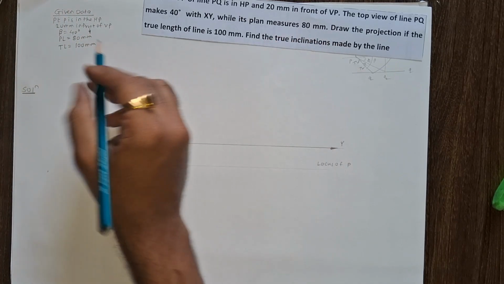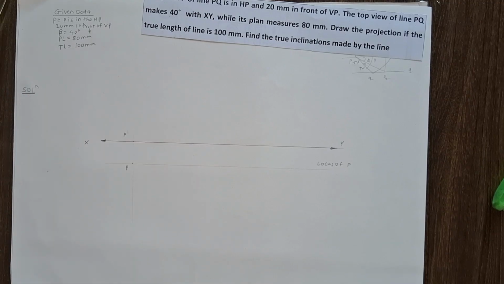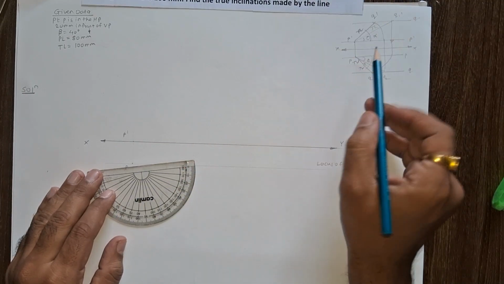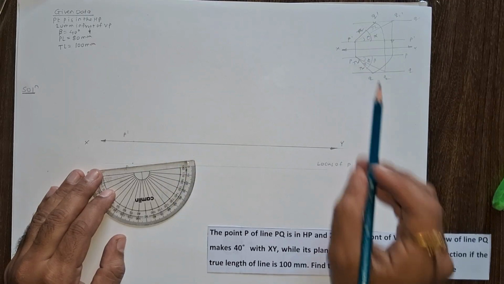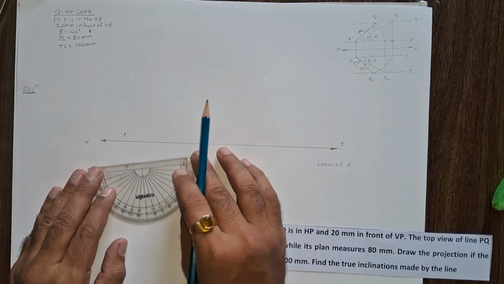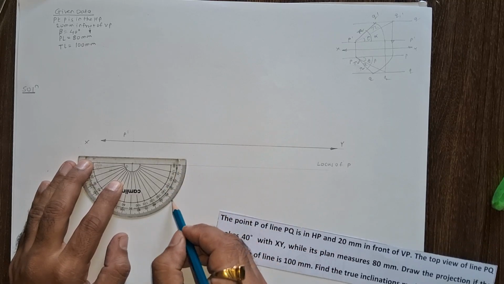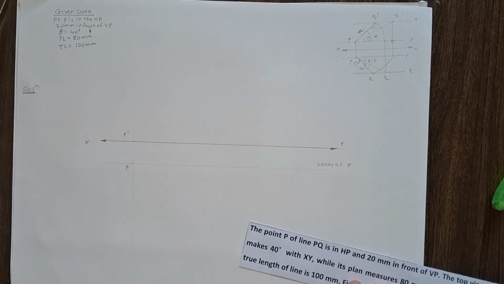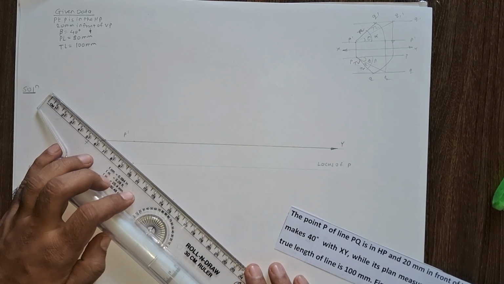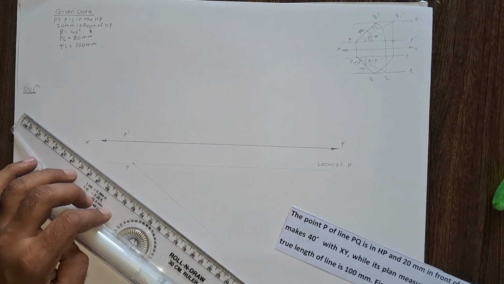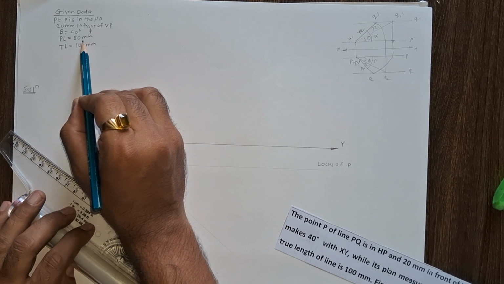Now here you can see beta angle is given. So beta is 40 degrees. Mark a 40 degree angle. So this is the 40 degree beta angle. Draw this angle line, a thin line. Now the plan length is also given, 80 mm.